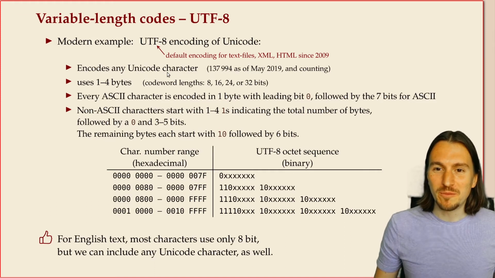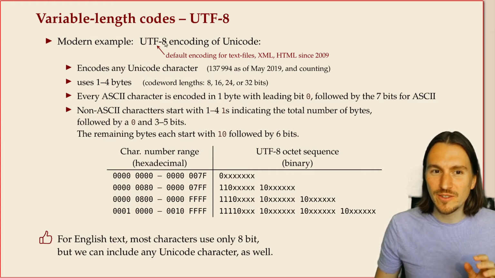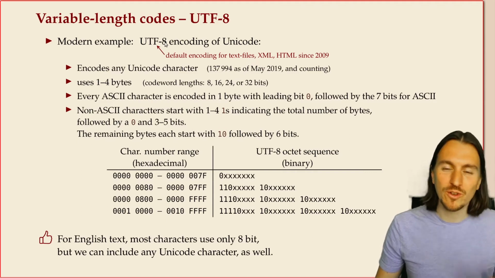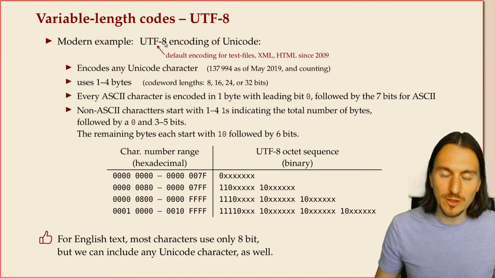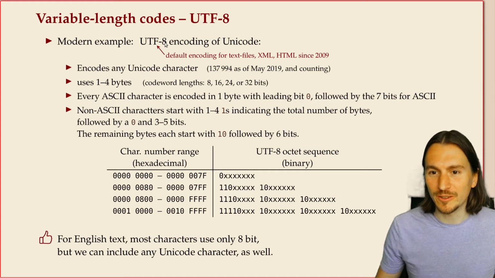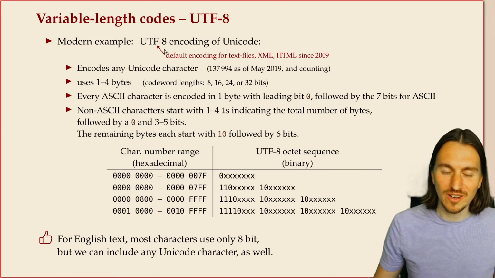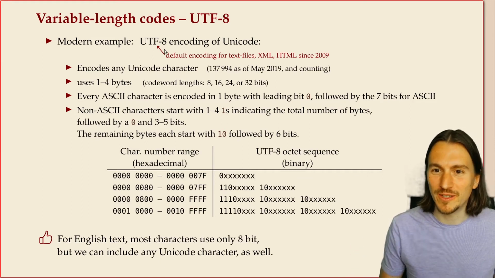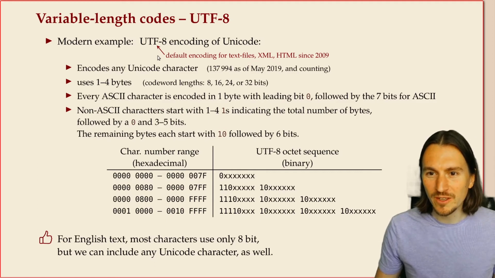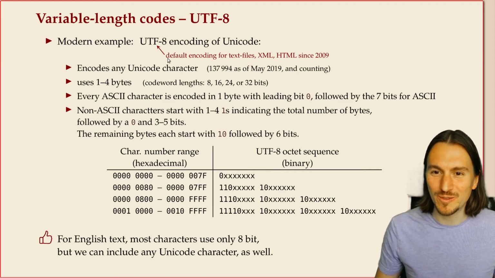So you would need a lot more bits to represent each character in this, but UTF-8 tries to avoid that for the still most common type of data, namely English, Latin alphabet text, or codes like on the web, HTML, etc. essentially also use ASCII characters most of the time, with an occasional Unicode smiley in between. So UTF-8 is a smart way to do this while usually saving a lot of space.